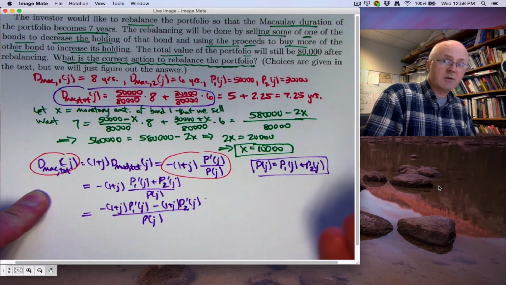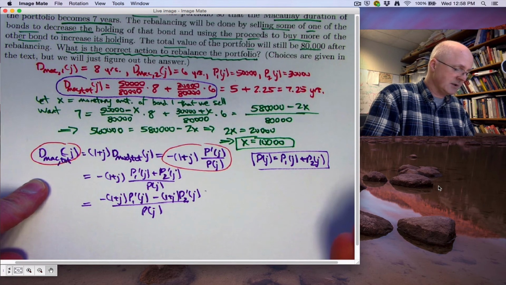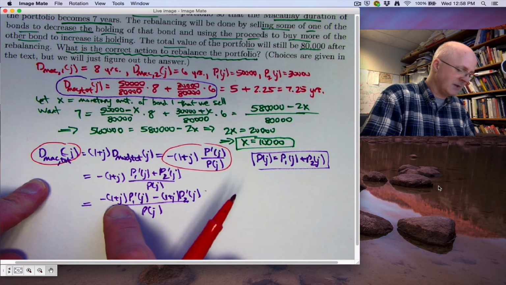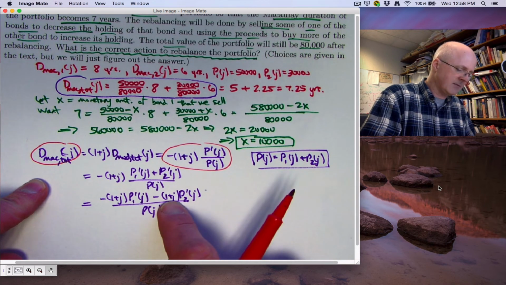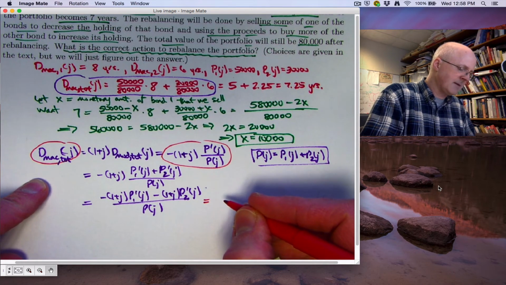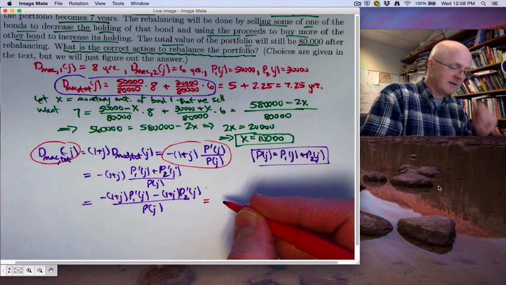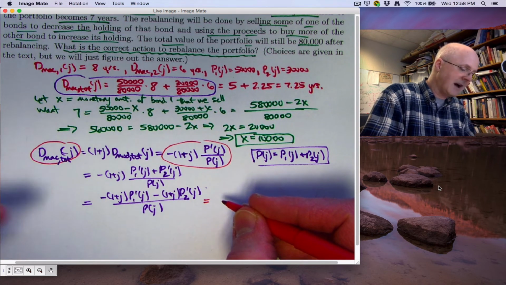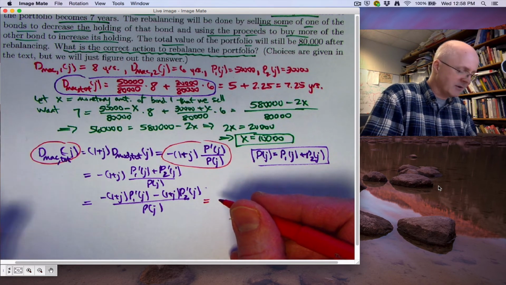That works for the total. It also works for each bond individually in the portfolio. I've got a negative 1 plus j times a P1 prime and a negative 1 plus j times a P2 prime. So I can replace those with the corresponding P1 of j and P2 of j times the corresponding Macaulay duration. Here's what I mean.